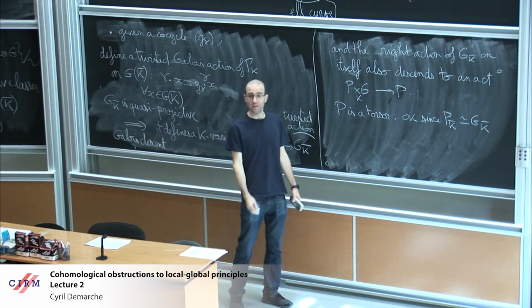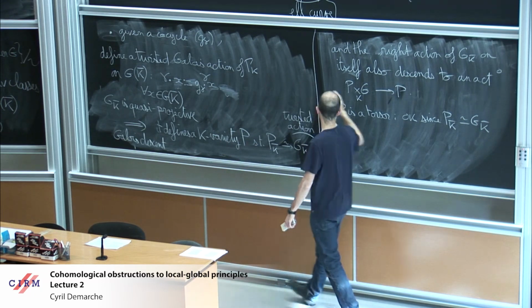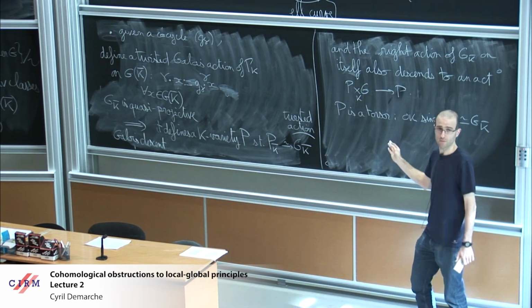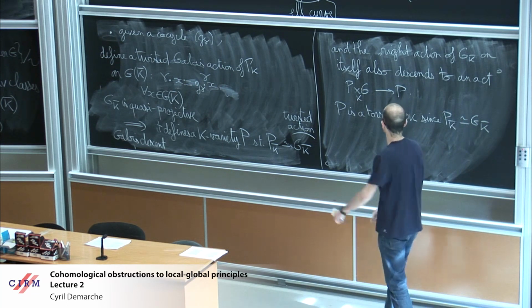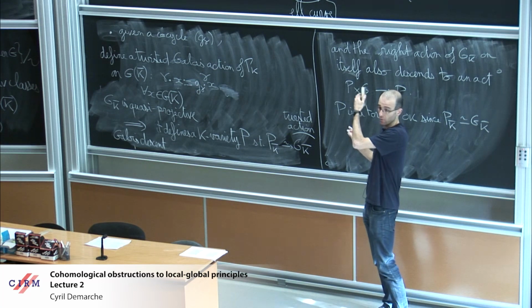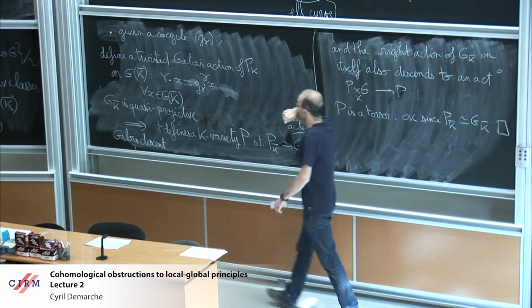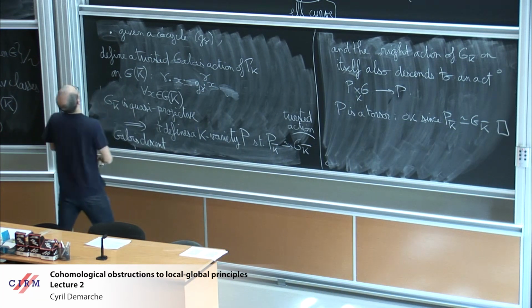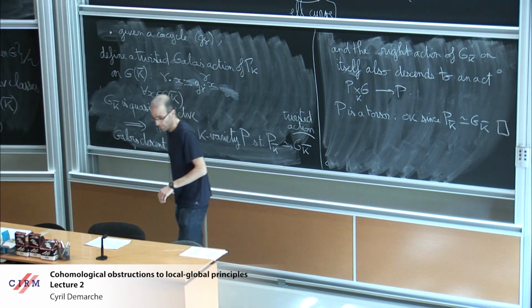You have to check that this is well defined. So if you take equivalent cocycles, you get isomorphic torsors. This is easy. And this is done. It's easy to check that this map is a converse map to the first one. Okay. So it proves the proposition that relates Galois cohomology to torsors.